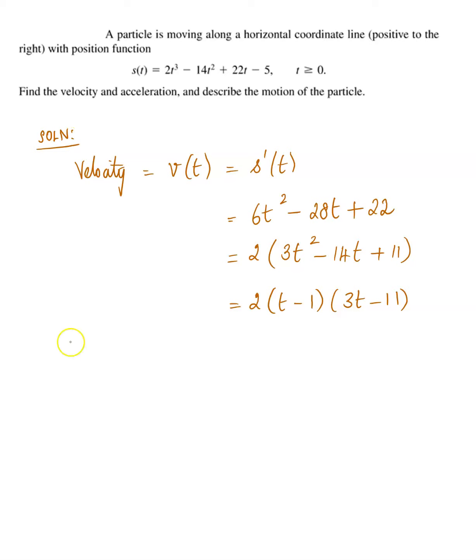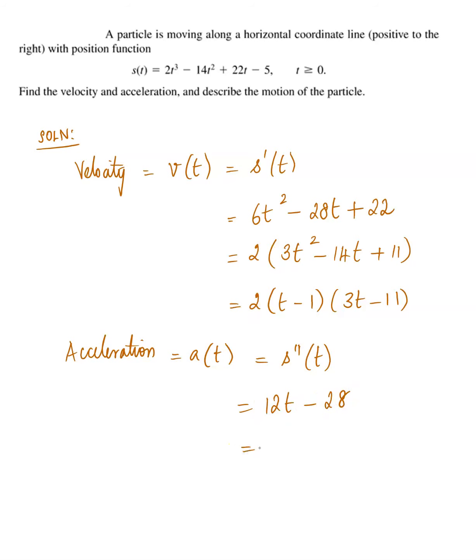Then they said find the acceleration. Acceleration is a of t, and we know acceleration is the derivative of the velocity. In other words, it's the second derivative of the position. So take this 6t squared one and take the derivative. That's going to be 12t minus 28.